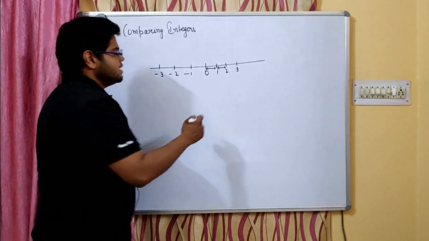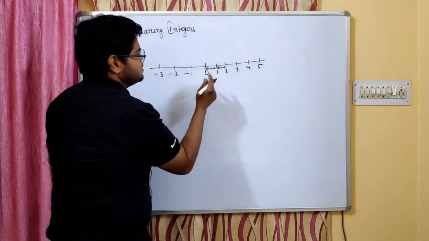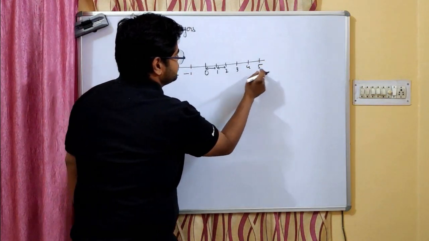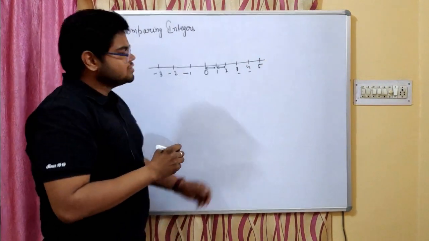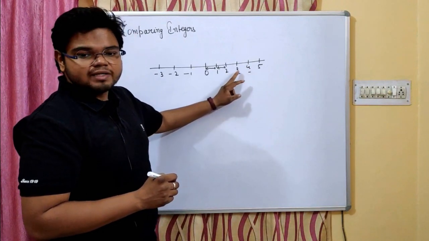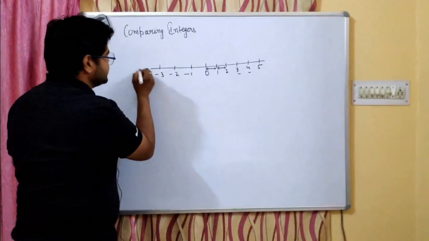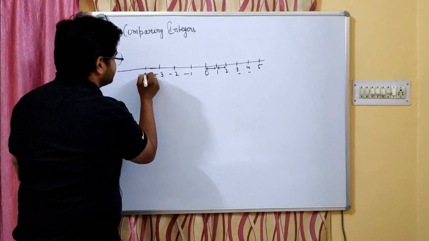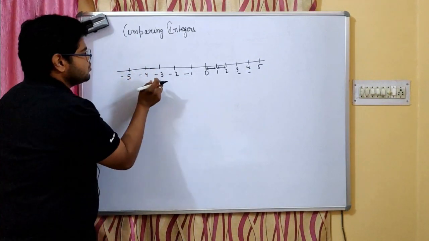So children, if I ask you, on the line 0, 1, 2, 3, 4, 5, out of 3 and 4, which one is greater? You will simply say, sir, 4 is greater than 3. Acha, what about 2 and 3? 3 is greater than 2. Acha, if you move towards this side, what about -3 and -2?